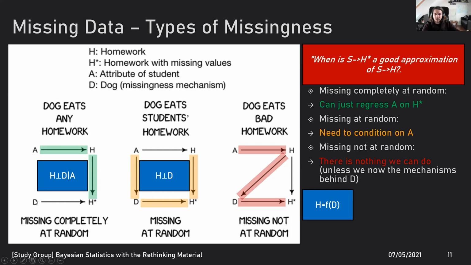Hence why we don't need to condition on D in that one. Yeah, if we condition on D, then we confound, right? No, if we condition on H star, we confound. If we condition on D, it's fine. We can do it or we can not, right? It doesn't matter. Yeah, no, in this case, we're just good, because H itself is just independent of D, full stop.